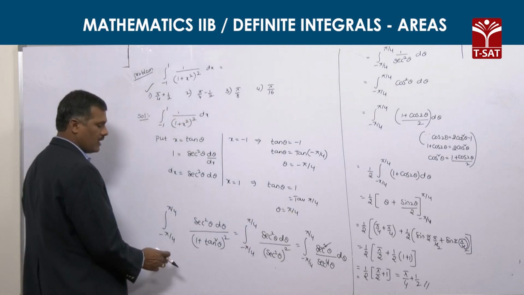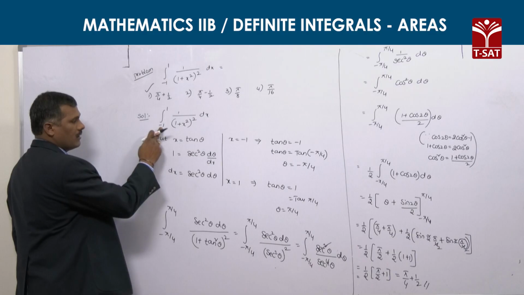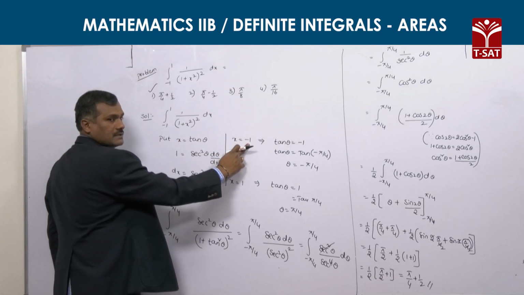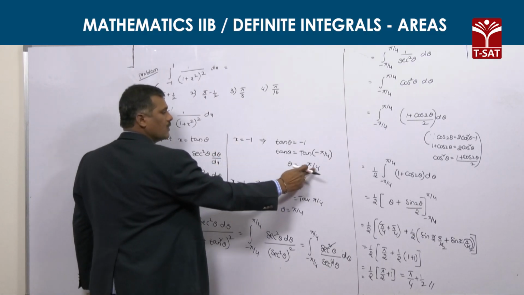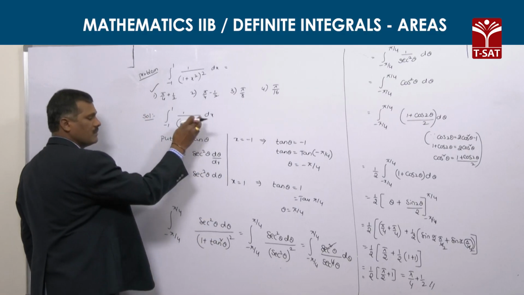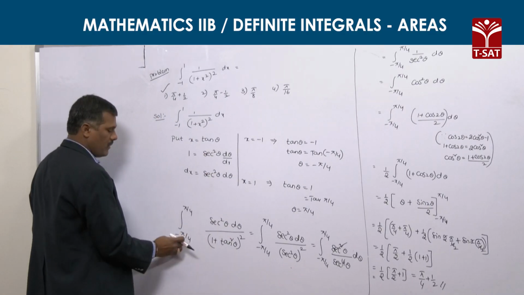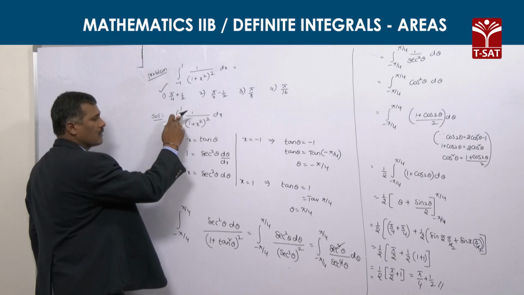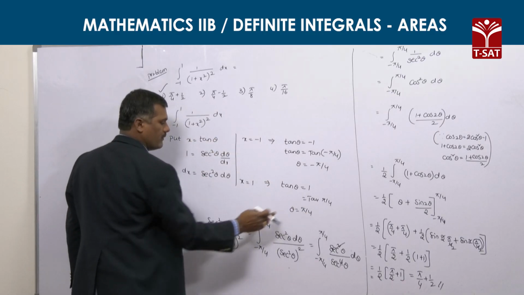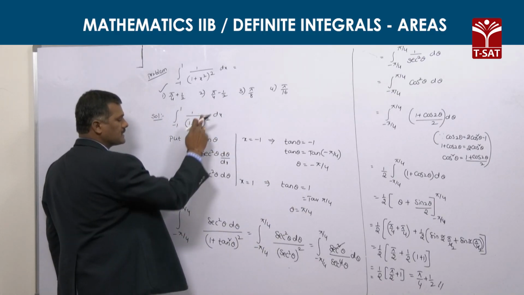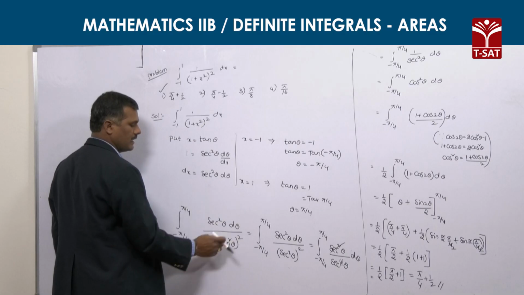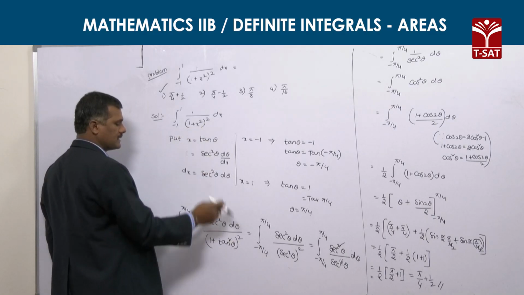Now the integral becomes, when we are substituting x is equal to minus 1, theta is equal to minus pi by 4. The integral in terms of theta goes from minus pi by 4 to pi by 4, where x is equal to plus 1 gives theta equal to pi by 4, and dx is equal to secant square theta d theta by 1 plus x square.